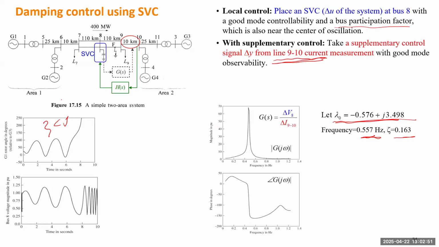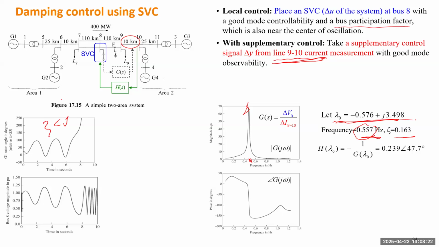So this Bode diagram just shows the approximate transfer function from the voltage input to the current output. So this peak actually corresponds to the inter-area frequency, because inter-area frequency is around 0.5 hertz, right? So we want to design the H(s), the feedback, and to make sure the closed-loop function will have the eigenvalue as we design at lambda 0.